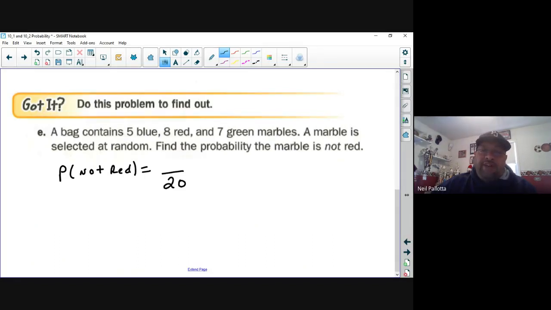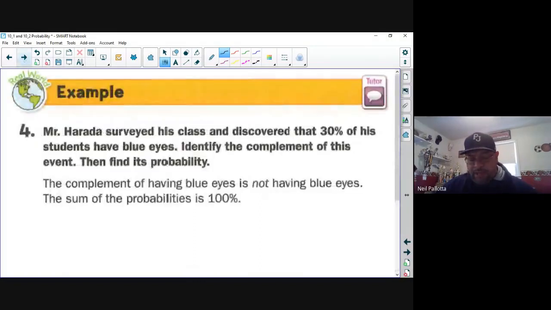So we add the 5 blue and the 7 green. That gives us a total of 12 favorable outcomes. So the probability of not red is 12 over 20. And 12 over 20 would simplify to what? What's that, 6/10? Or 60% would be the probability of not red. Okay? Let's continue with some more examples here.